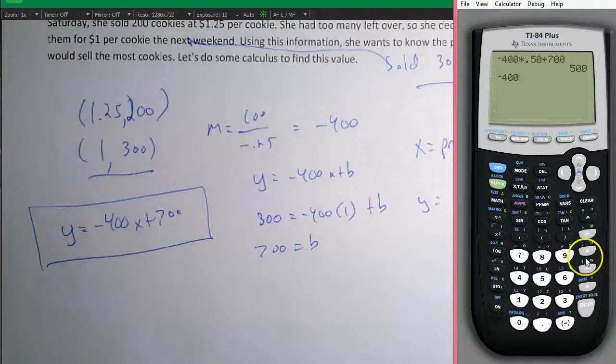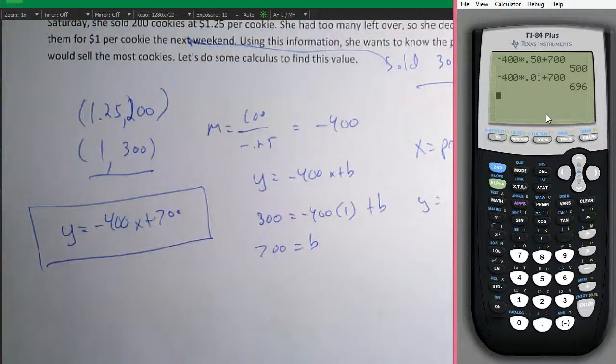It's kind of unrealistic to imagine that it would perfectly work that way forever. At 1 cent per cookie, we're saying we're going to sell, I don't know, what is this? 696 cookies. Well, if I sell them for 1 cent per cookie, we'd have to imagine we're going to sell more than that. We might sell 5,000 or something. So this model only works over a certain amount of time.